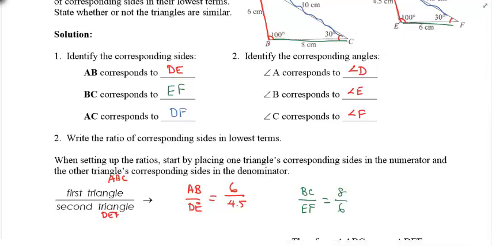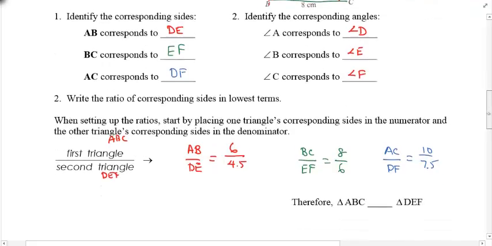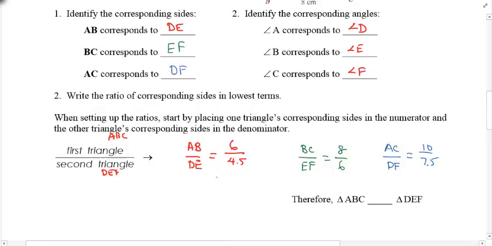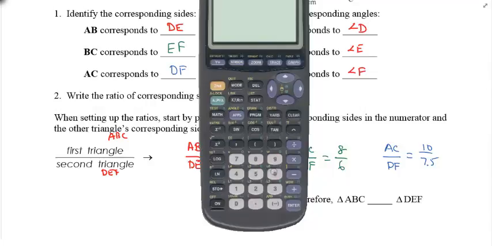And if I were to finally choose AC over DF, I'd get 10 over 7.5. And in every single one of these cases, if I were to reduce, I would get the following. And you can also do this on your calculator. It's up to you. 6 divided by 4.5.